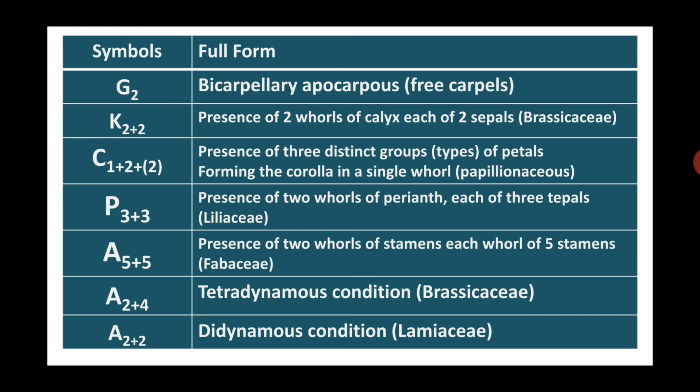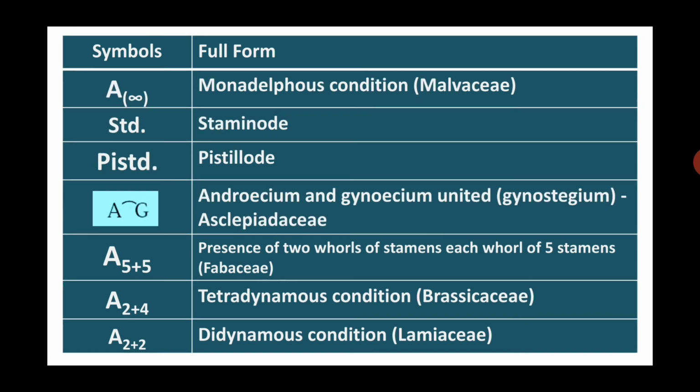A 2 plus 2, that is didynamous condition found in Lamiaceae. So number of stamens in didynamous condition is 4, 2 are short and 2 are long. A infinity and in bracket, that is monadelphous condition found in Malvaceae. Std dot, that is staminode. Staminode means sterile stamen. Pistd, that is pistillode, that means sterile carpel.